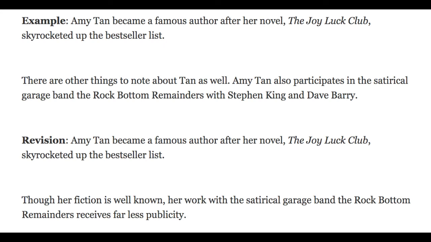The revision here is: Amy Tan became a famous author after her novel The Joy Luck Club skyrocketed up the bestseller list. And then the transition is: though her fiction is well known, her work with the satirical garage band The Rock Bottom Remainders receives far less publicity. So that's a good transition through the though and then the comma.